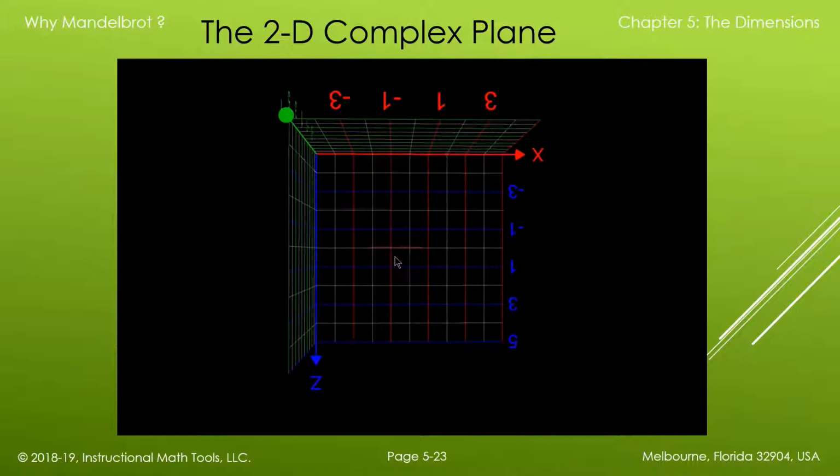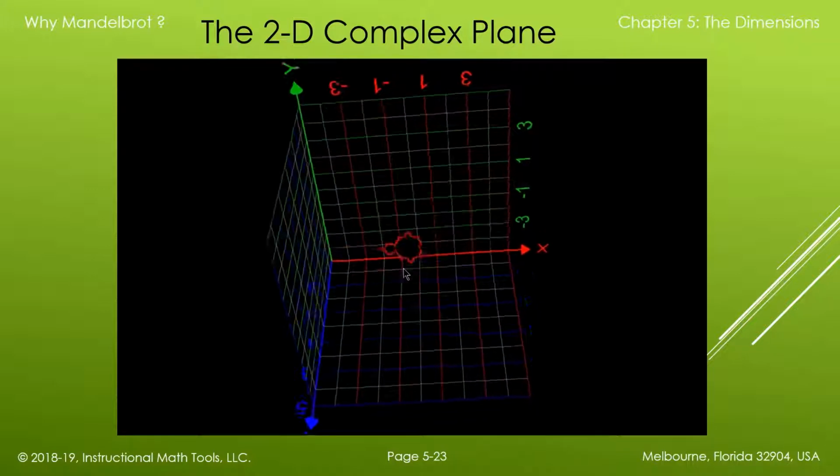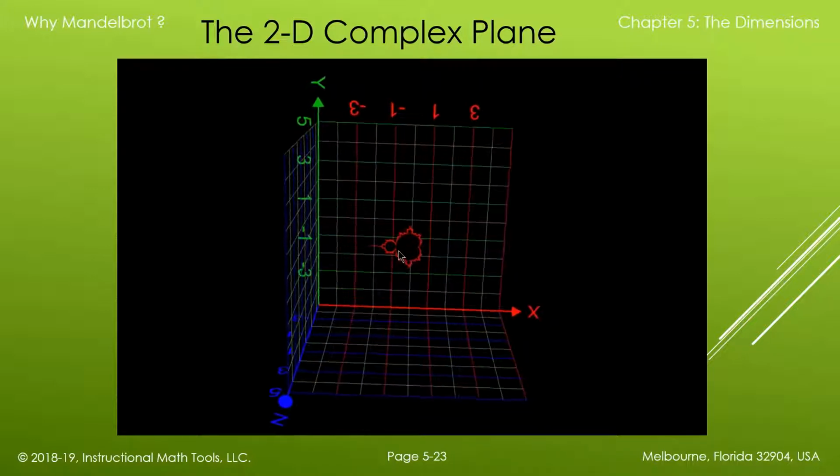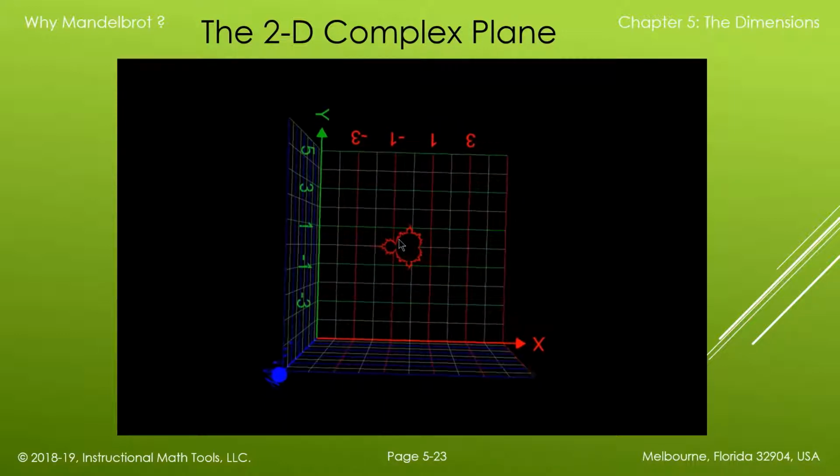But we do today, and we can think out of the box today. We're going to see what happens to that Mandelbrot baby as it leaves its comfortable two-dimensional world and enters into a world where Z becomes positive and Z becomes negative.